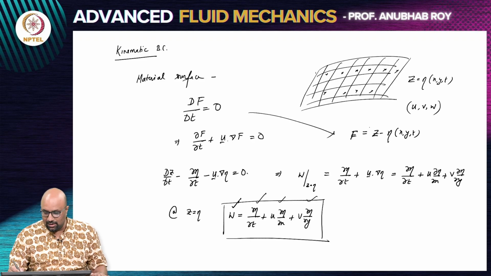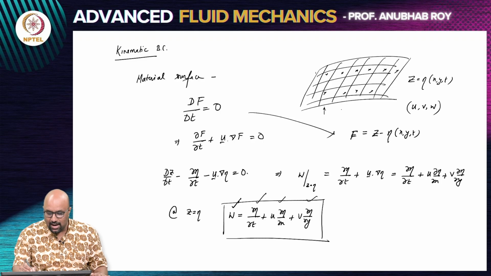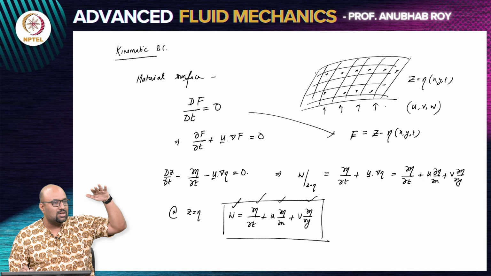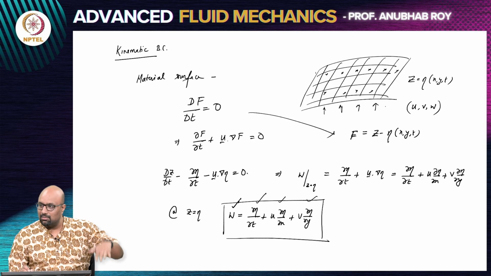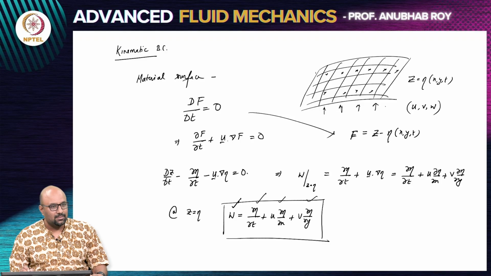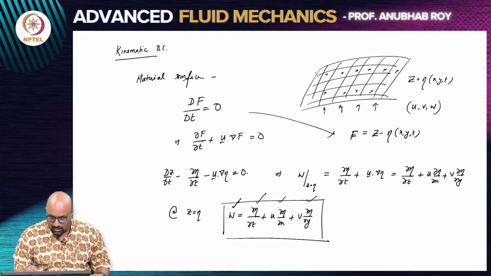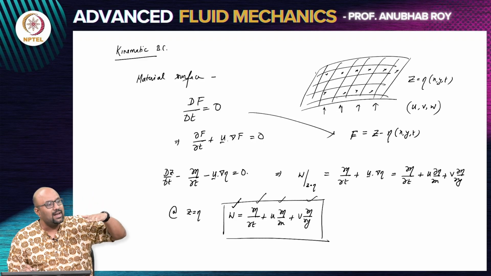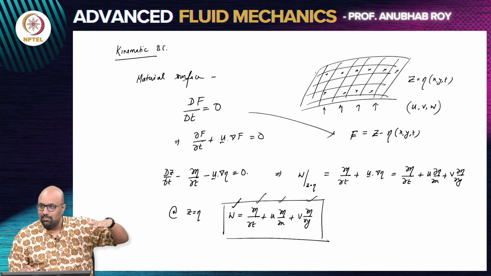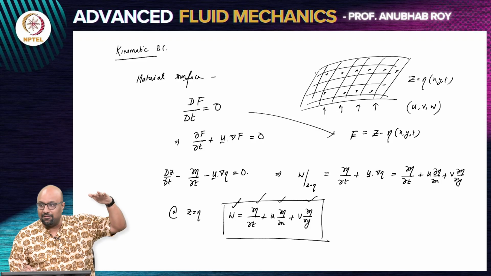Simply, if you think of it, at every point, if there is a w and there was no u and v, the interface is just going to go up. But if the interface just continuously keeps going up, that is going to violate mass conservation, because if the interface is rising everywhere, that means I'm increasing the volume.